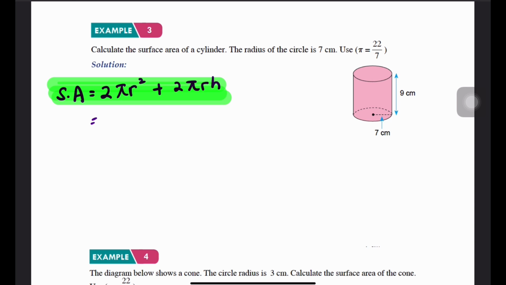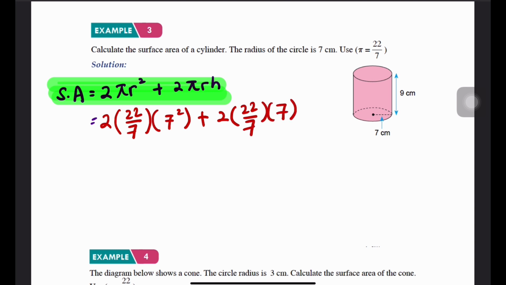So let's just substitute the value. So 2, pi is 22 over 7, times r is 7, so 7 square, plus 2 pi is 22 over 7, r is 7, h is 9.